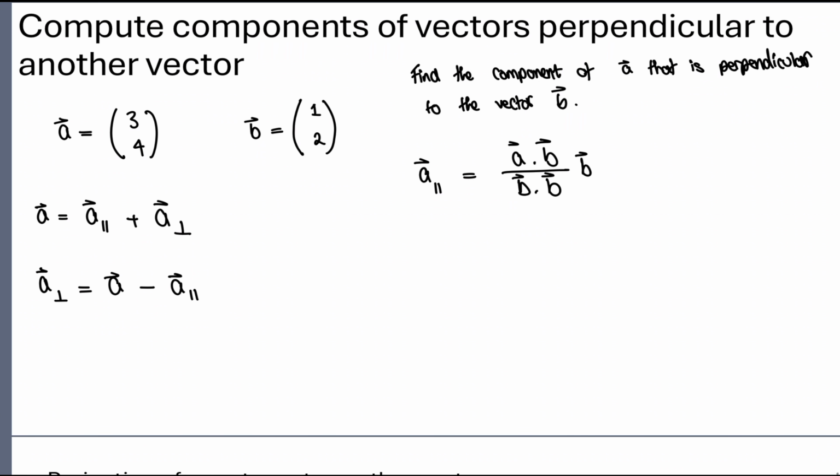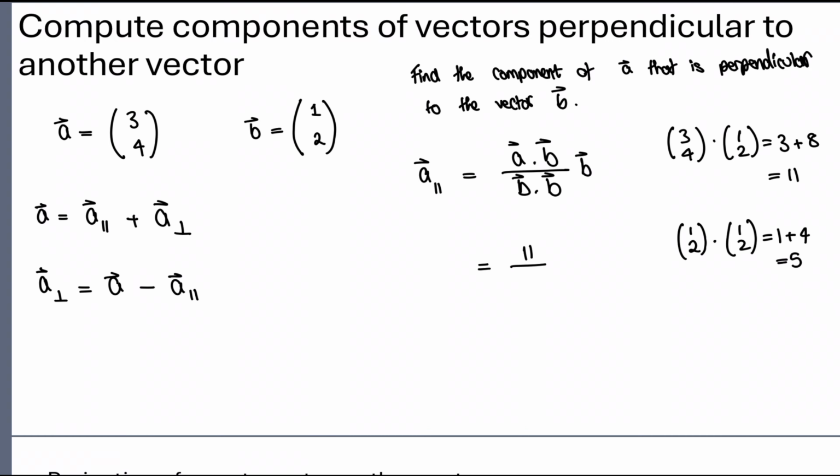Now going back to this, A dot B is just going to be 3 plus 8, which is 11, all over B dotted with B, which is just 5. So we get 11 over 5 times 1, 2.